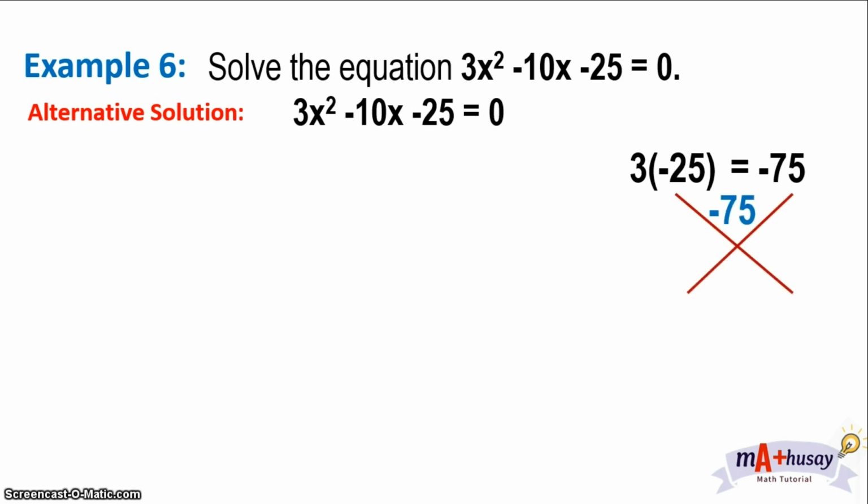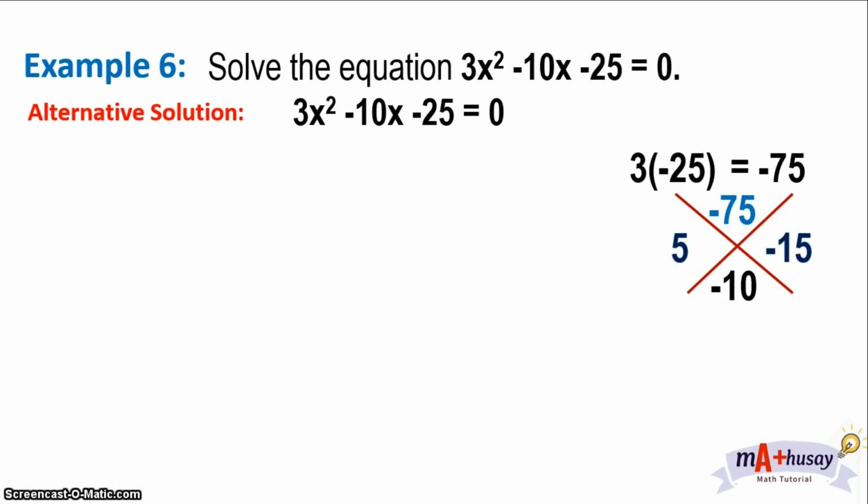Tapos, iti-take natin si middle term, which is the negative 10. Now, we will think of the factors ng negative 75 na kung saan kapag in-add natin, dapat ang sagot is negative 10. So, what are the factors of negative 75? We can consider 5 and negative 15.